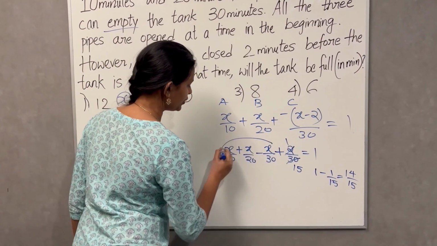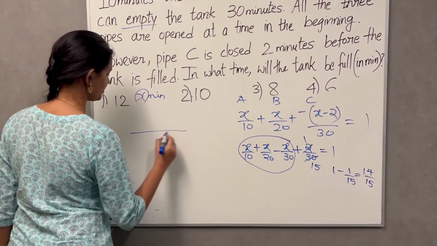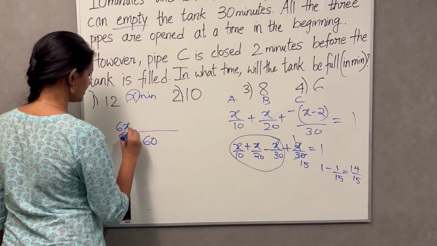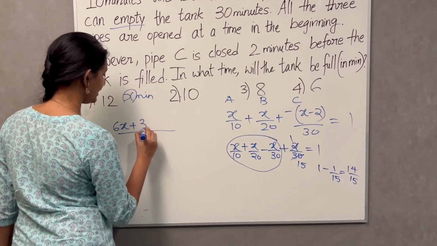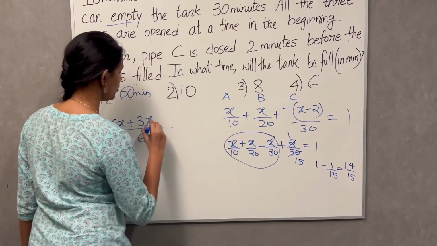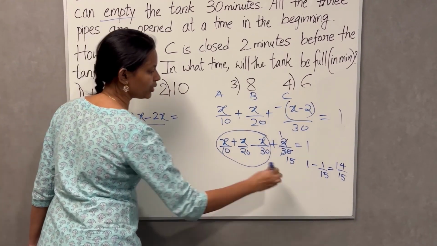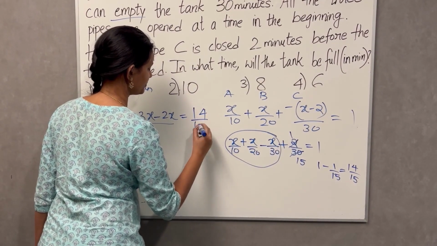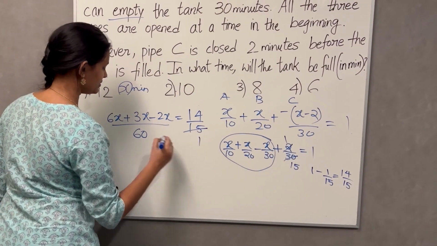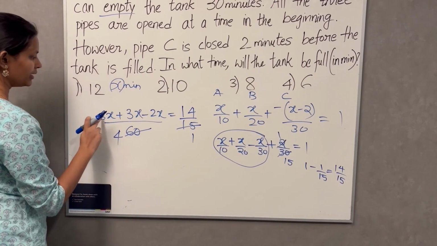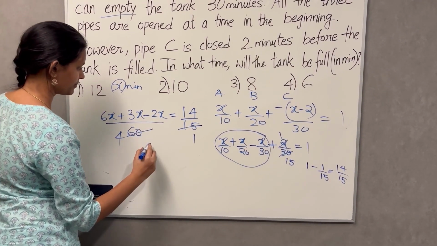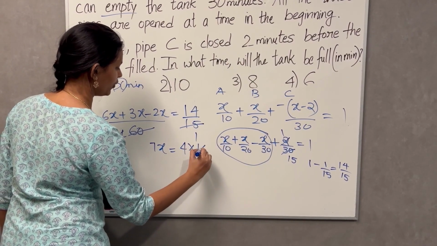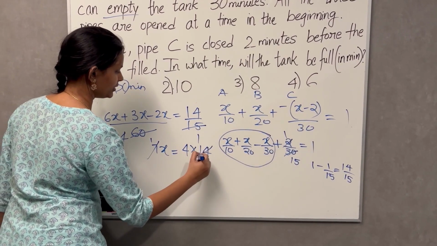Here the LCM is 60. We need to multiply: 6x plus 3x minus 2x equals 1 minus 1/15, that is 14/15. 15 ones are 15, 15 fours are 60. 9 minus 2 is 7. 7x equals 4 into 14. 7 ones are 7, 7 twos are 14.